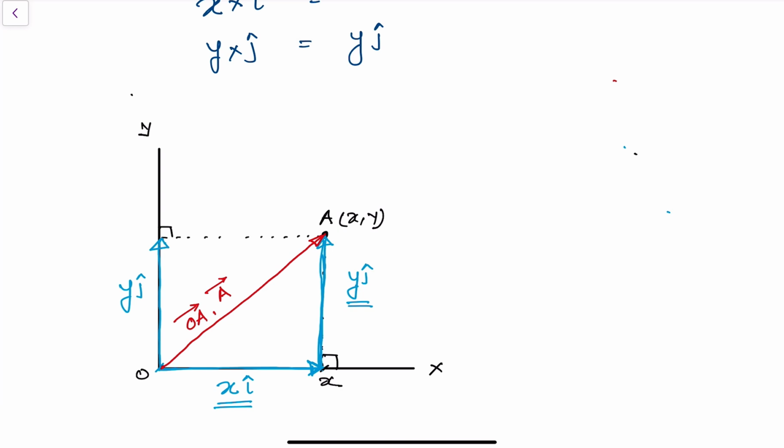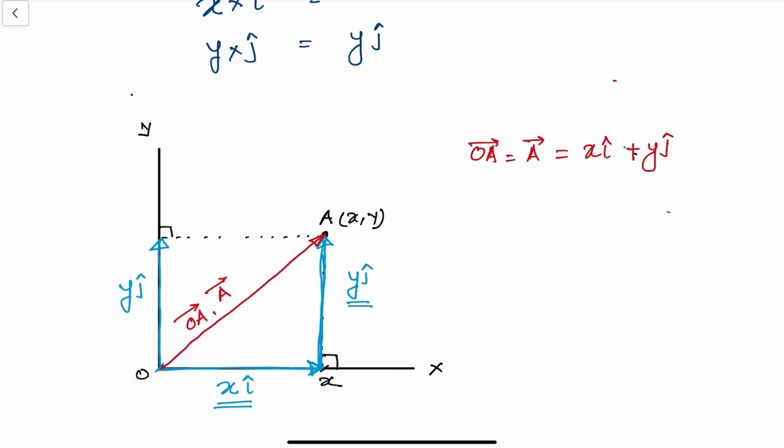So we can give two names. So let us call this vector OA or vector A, which is a resultant vector, isn't it? So this resultant vector can be written as sum of the two vectors. Which are the two vectors? X I cap plus y j cap. Okay.